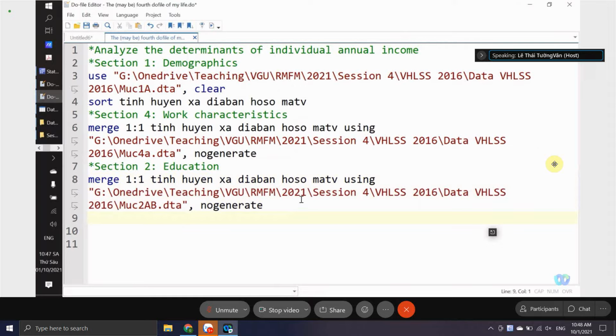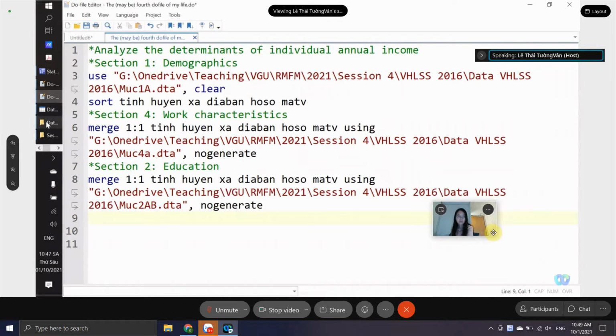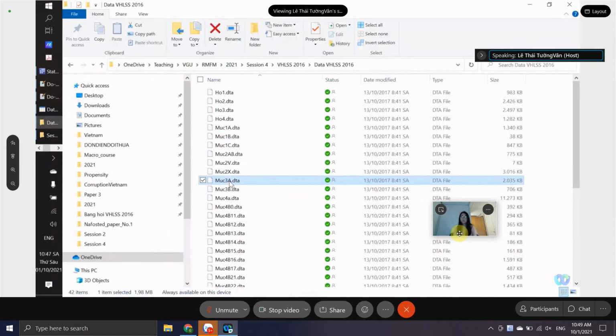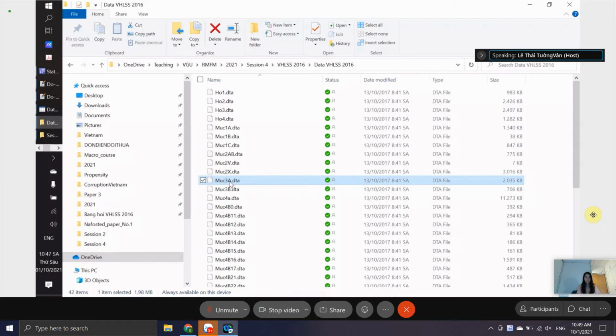Now, of course, you may argue this way: a person's income may also depend on his health status, right? So you may include section 3 here, which records information about whether you were ill, whether you were hospitalized in the last 12 months, and so on. But that's your job. For example, you want to do the analysis of health status on income.